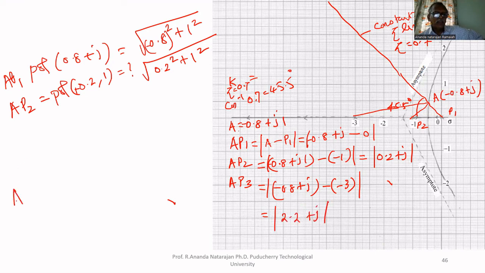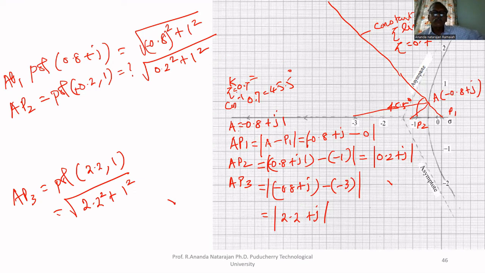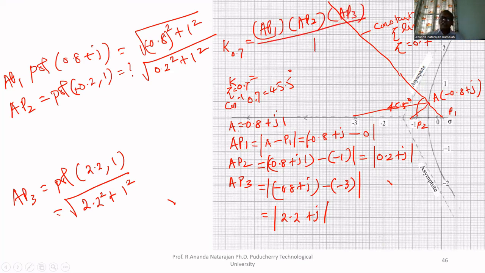Therefore, the length AP3 equal to, you can call polar coordinate of 2.2 comma 1, or you can calculate square root of 2.2 square plus 1 square. So now you got it. No zeros. Therefore, denominator is 1. Therefore, K for 0.7 equal to AP1 multiplied by AP2 multiplied by AP3 divided by 1. This way we can find the value of K for zeta equal to 0.7.